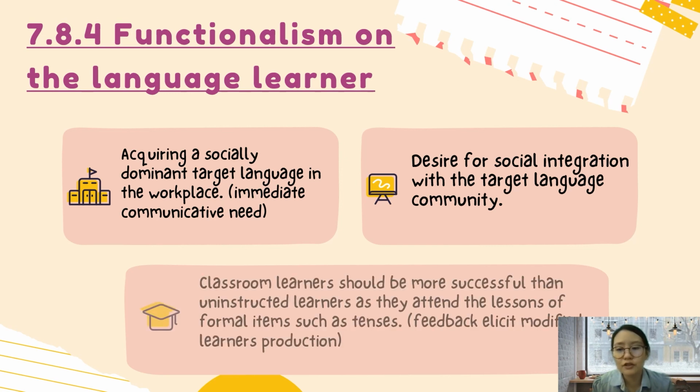Again, it is to achieve communication goals. And classroom learners should be more successful than uninstructed learners, as they have the opportunity to attend lessons on formal items such as learning the tenses, whereas feedback is provided to elicit modified learner production.